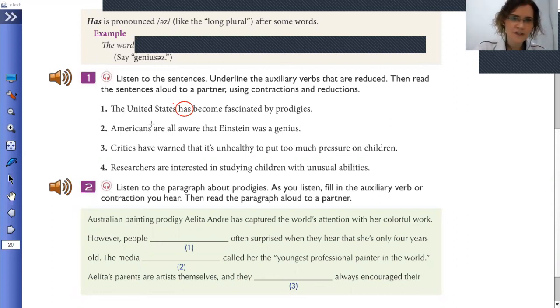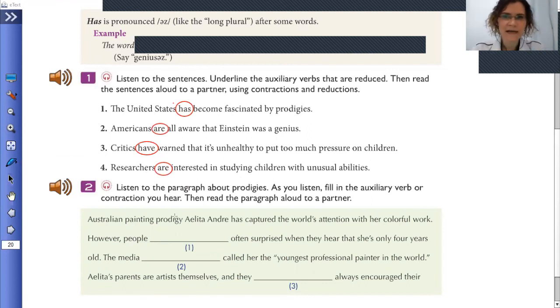So here you hear, if you would have listened to the audio, that the are is kind of connected, blanket, with the word Americans. And here, critics have warned. They don't say critics have warned, they say critics've warned. You hardly hear the have because it is contracted and connected to the words before it. And here you see researchers are interested, so the word are is kind of connected to the word researchers.